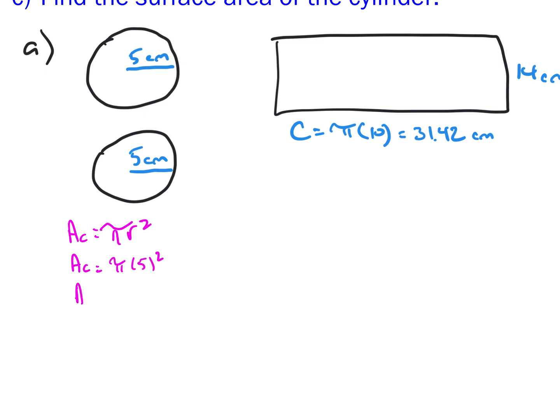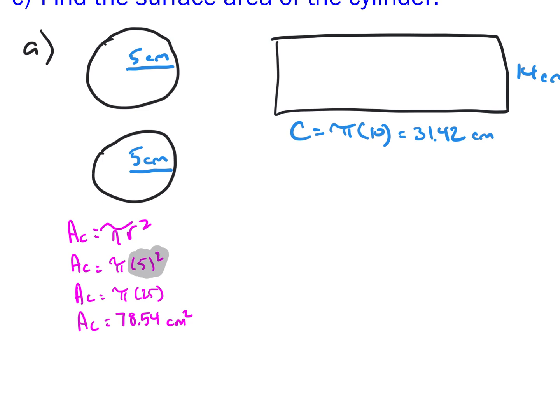So that means that we're going to square the 5 first. So we're going to get pi times 25. So if we write this down to 2 decimal places, it's 78.54 centimeters squared.